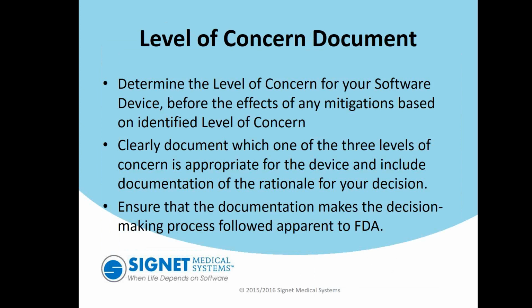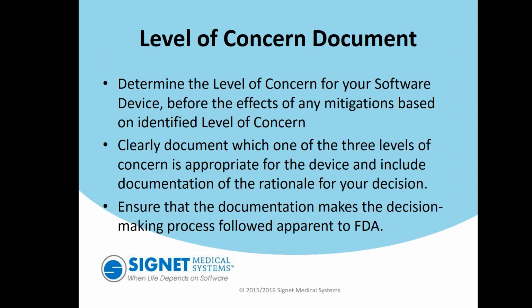Okay, so we're going to go back to talk about each one of these documents. So we're talking about the level of concern document. Now, this is not the class of the software that you're developing or the device that you're developing. This has to do with the specific level of concern for your software. And again, you will find this information from the FDA guidances.